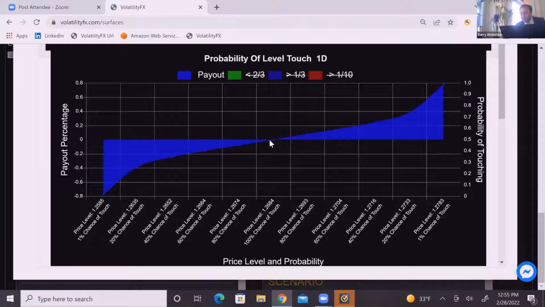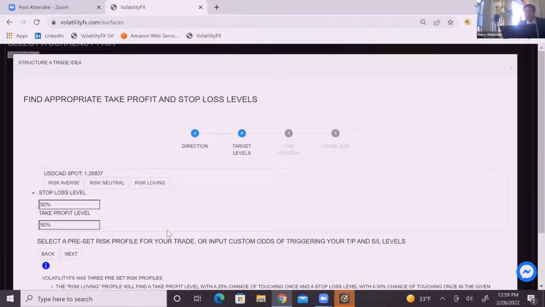What we need to remember about trading, Gary, is that you're not going to receive returns unless you take a substantial bet. There's no way around that. Get a good feel. But with VolatilityFX, what I also recommend is we have these 3 preset risk tolerances.